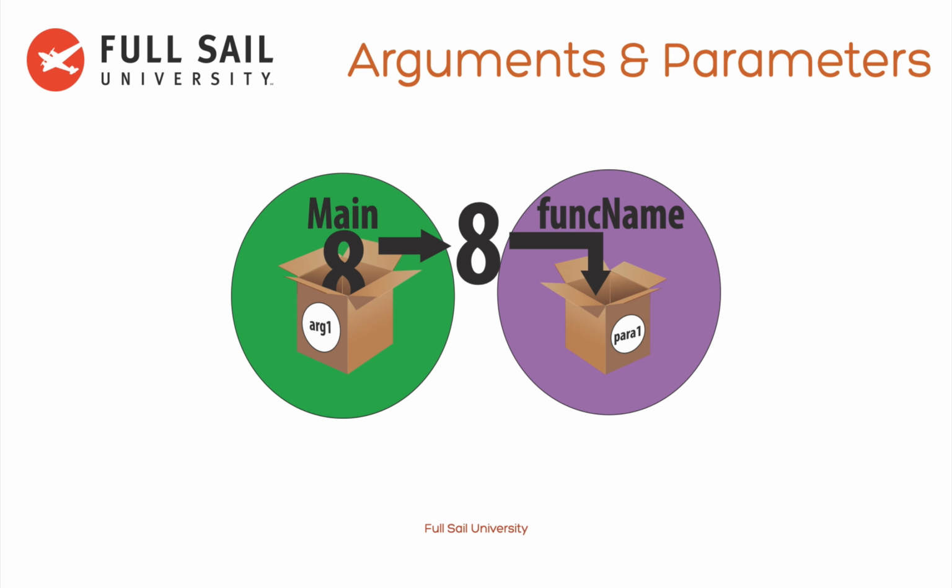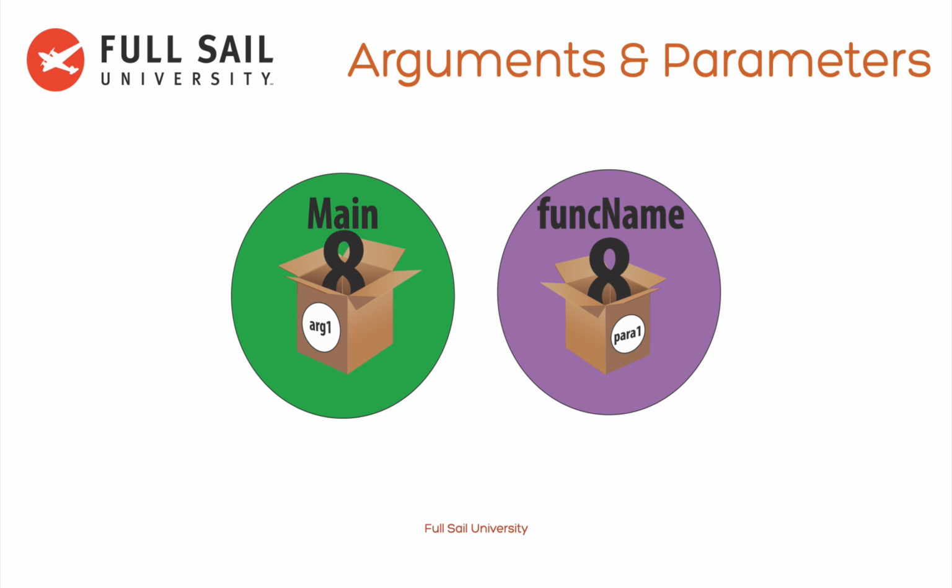So the value of an integer 8 is going to be put inside of para1, the parameter of it. So inside of our function name, we can actually utilize that value just by copying it into a new variable, kind of a local variable.